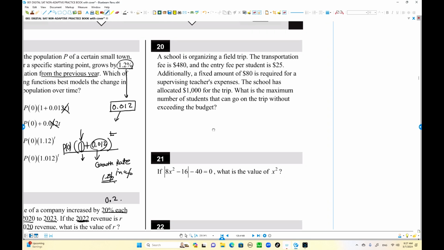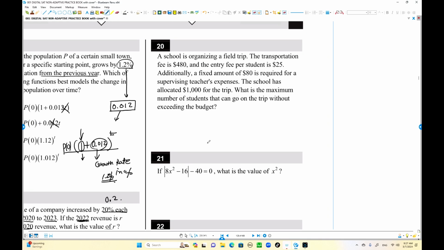Here is number 20. A school is organizing a field trip. There is a transportation fee of $480. The entry fee is $25 per student. But there are many students, not only one student, right? Now we check what the maximum number is.